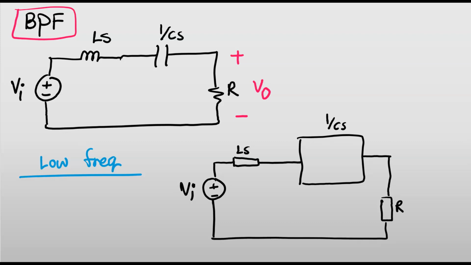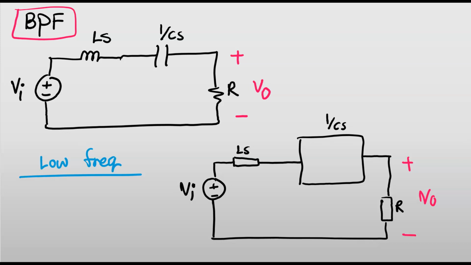Now, I'm looking at the voltage of the resistor. As you can see, the impedance of the capacitor among these three impedances is the biggest one, and it's very far from the values of R and Ls. So if you think about a voltage divider between inductor, capacitor, and resistor, the biggest portion will be the portion for the capacitor. So the capacitor gets most of the input voltage, or VI, and a very small portion reaches the resistor.